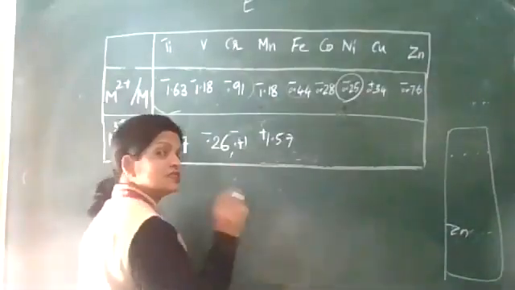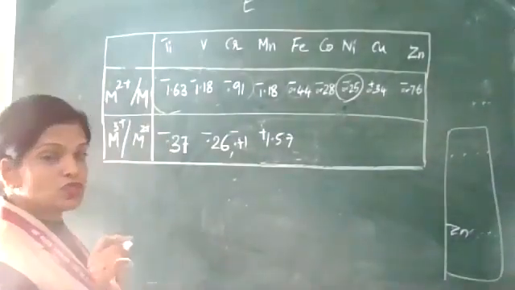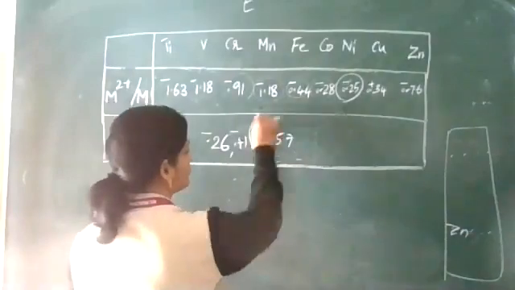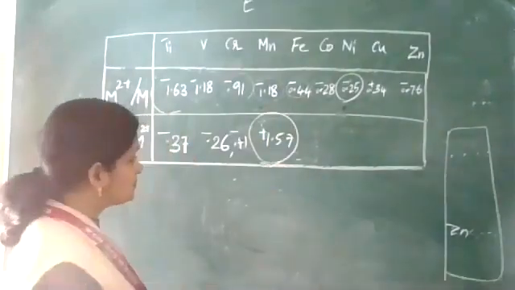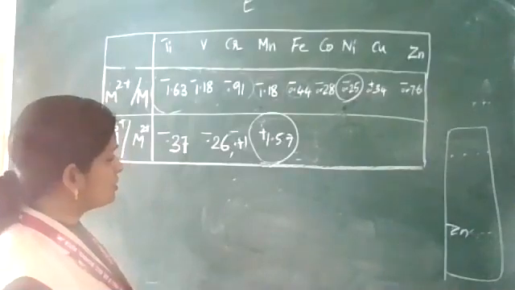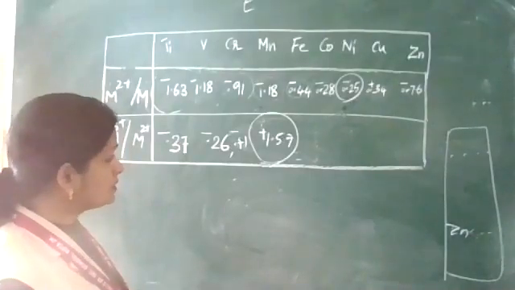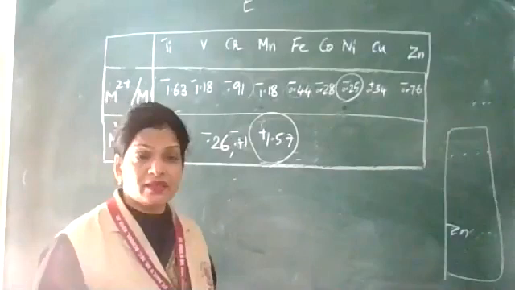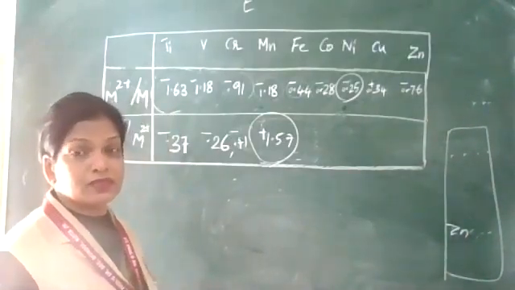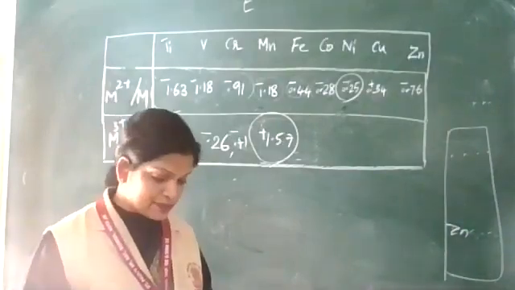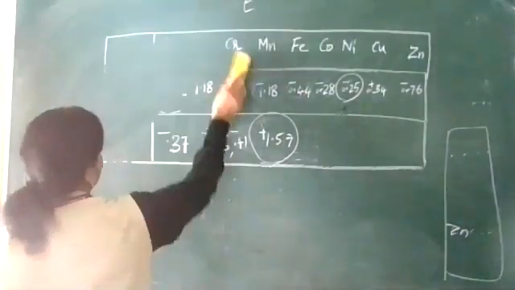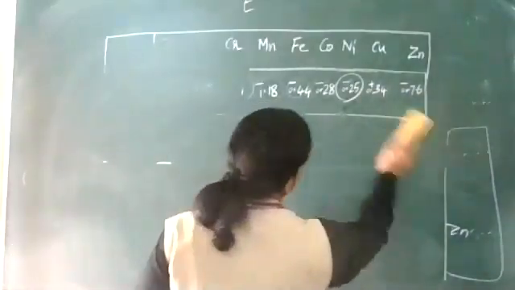So from M2 plus to M3 plus, 1.57, it is not that feasible because you have to disturb that d5 stability. So these are the primary points to remember.